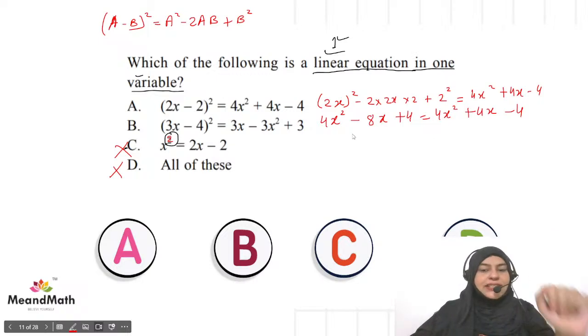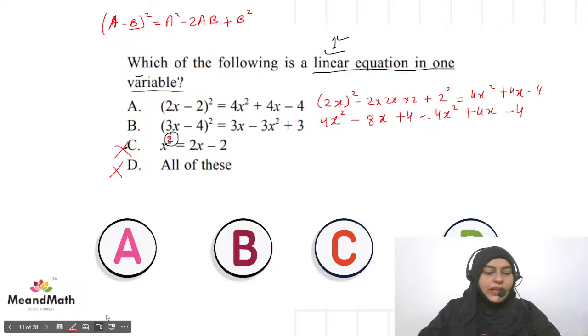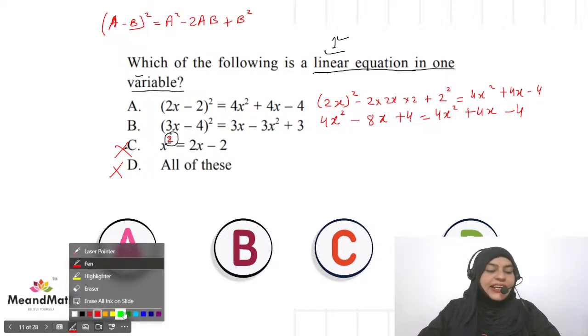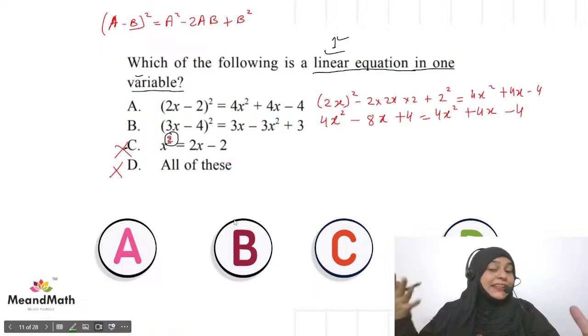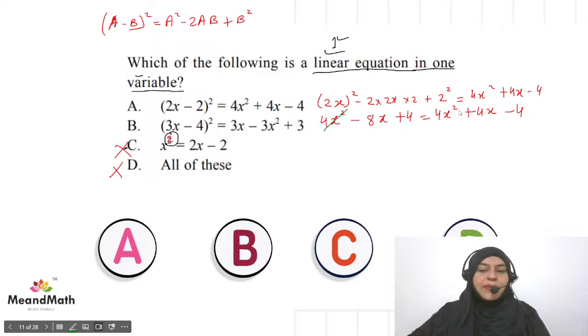Right? Now you can see one thing, 4x square on the left hand side and 4x square on the right hand side. The same thing on the left hand side and the right hand side. So 4x square will be cancelled with 4x square. What we will have? We will have minus 8x plus 4, which is equal to 4x minus 4. What is this?